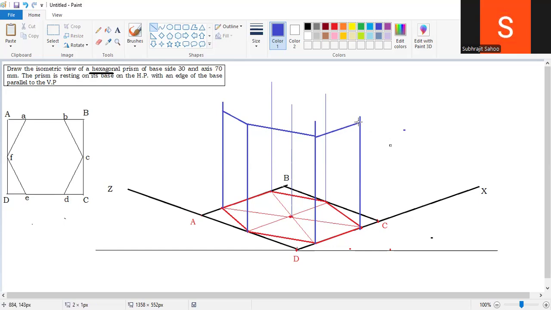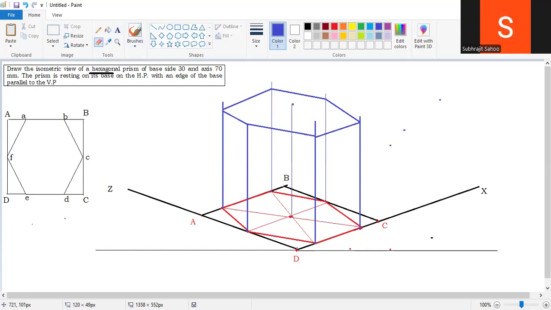Right. So here to here, joining. Then here to here I am joining. And here to here I am joining. Right.